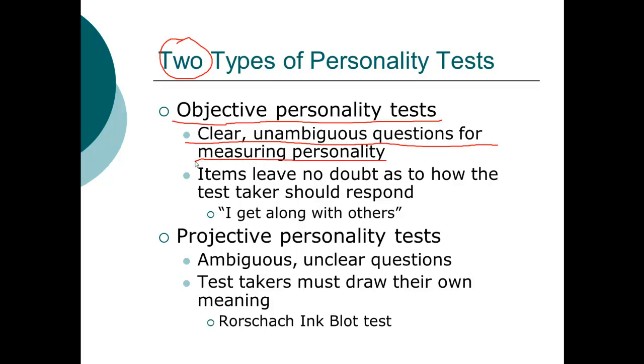The tester responds to the questions as written and then gives a response. Your items are constructed in such a way that they leave no doubt as to how the test taker should respond. I get along with others, yes or no.